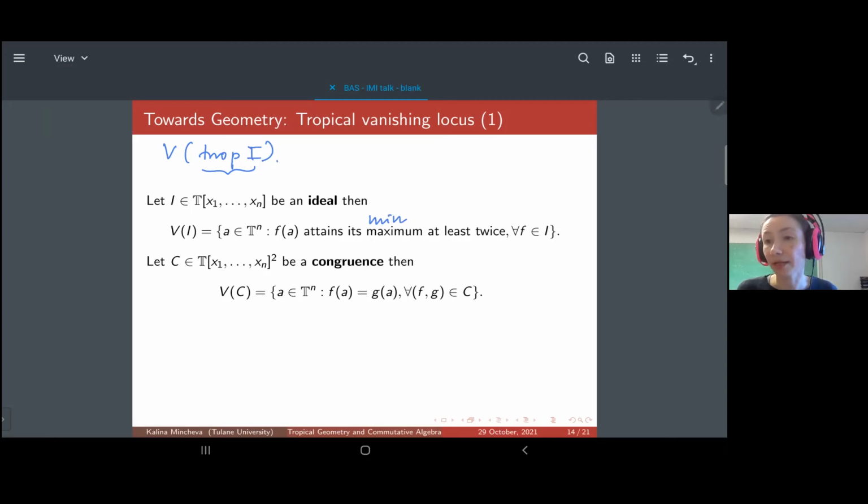I am really a max person, so it doesn't matter what you use. It's a choice. Attains minimum at least twice, or it's just the 0 polynomial. That's what this means.